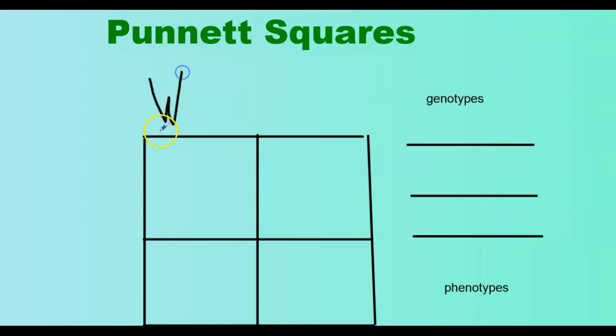Long whiskers is dominant, and they're pure. Okay, so I've got one of the parents up here. The other parent has short whiskers. Short whiskers means there's no dominant trait at all, so short whiskers are 2 recessive, lowercase w. Okay, go ahead and fill in your chart. See if you can do it without me.